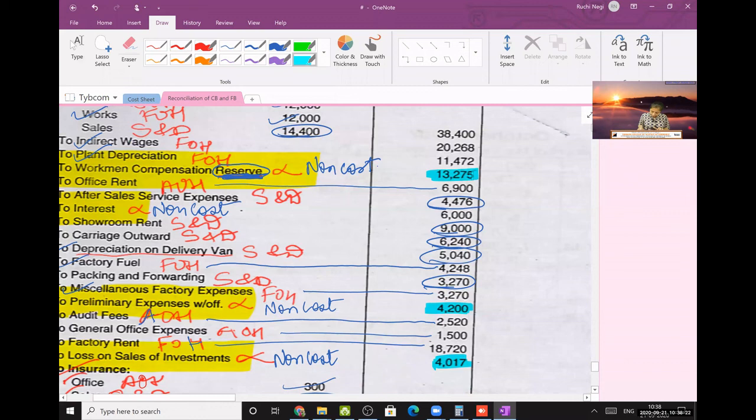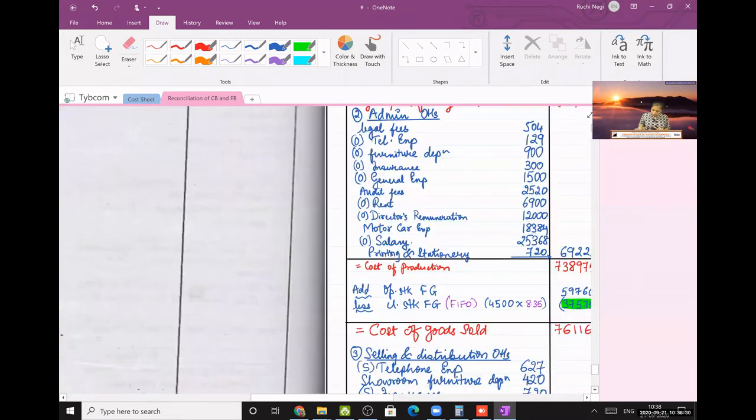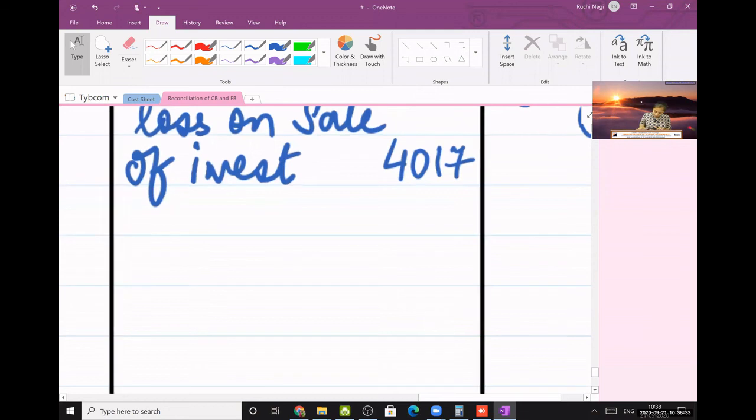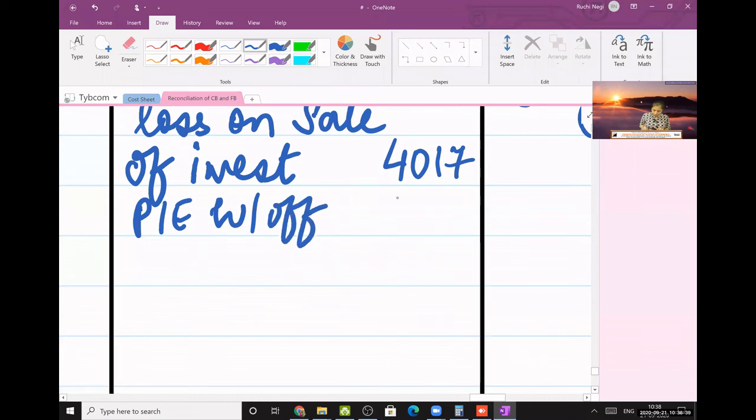Workmen compensation fund, interest. Preliminary expenses written off 4,200.